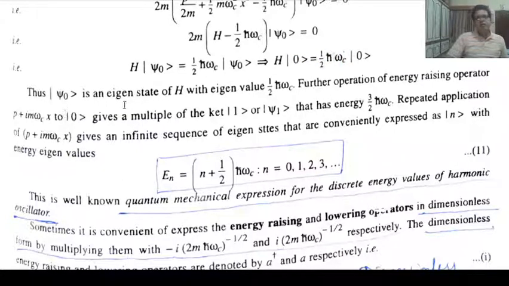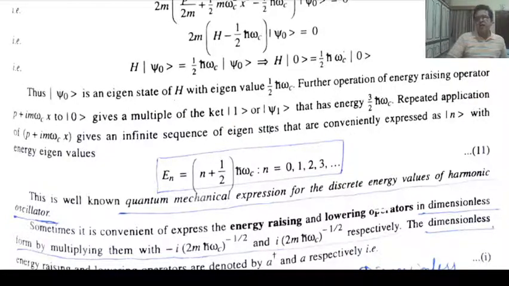If psi 0 is an eigenstate of H with eigenvalue half H cross omega C, further operation of the energy raising operator P plus iota m omega Cx to ket 0 gives a multiple of the ket L, or psi L, that has 3 by 2 H cross omega C, and repeated applications give an infinite sequence of eigenstates.